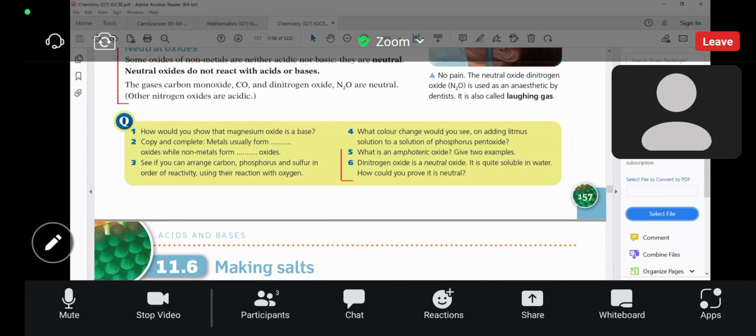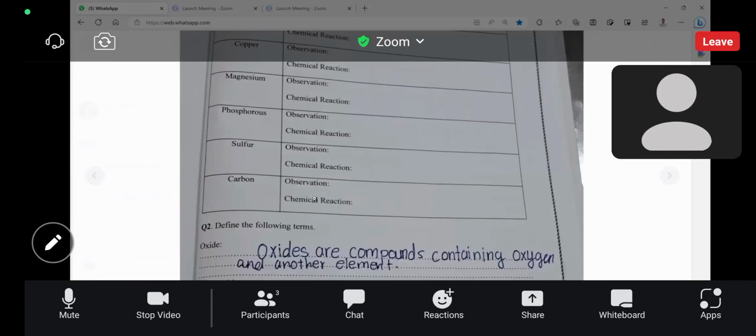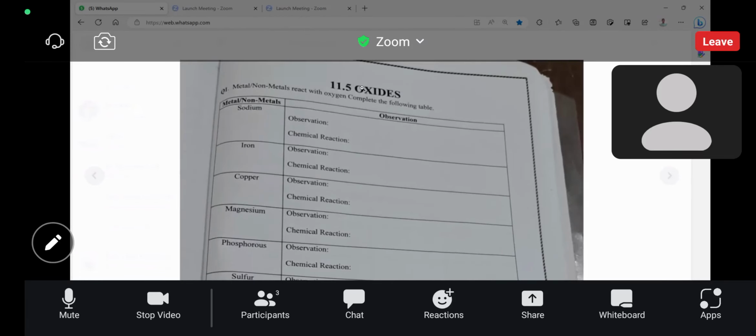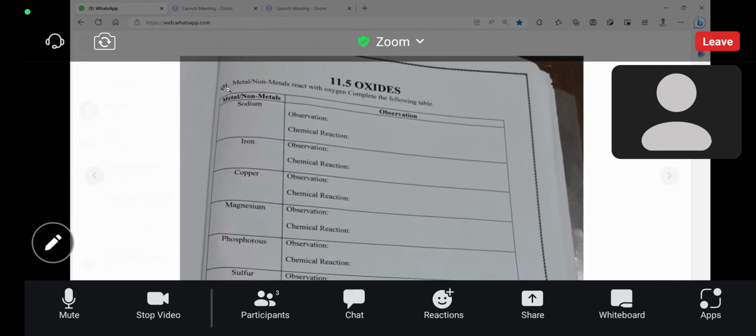Right, now we will try to answer the assignment questions. Can you see the screen now? This is the question.